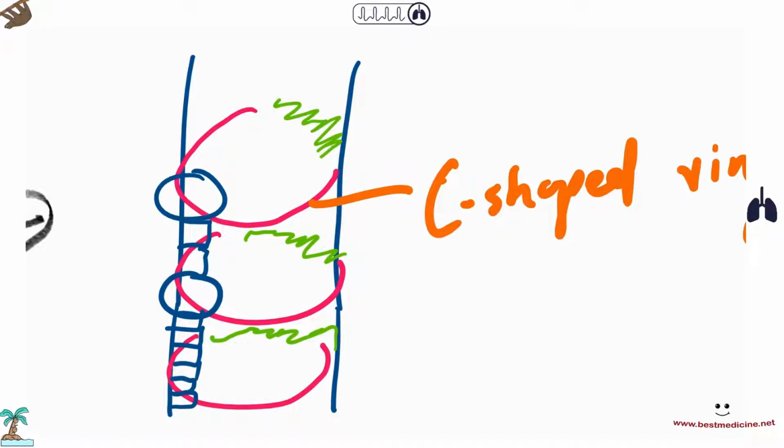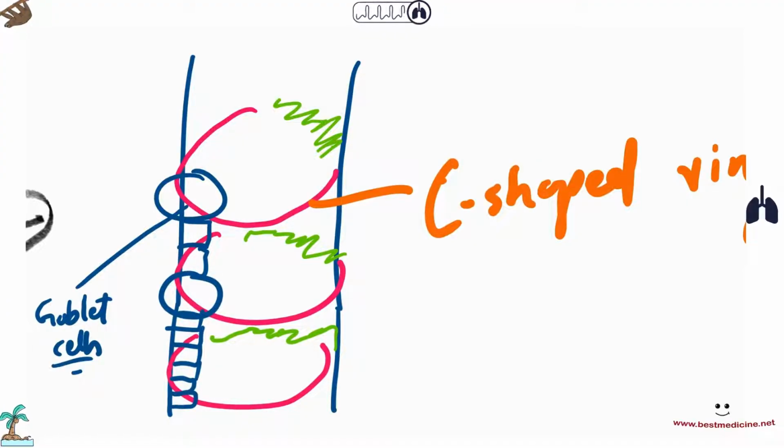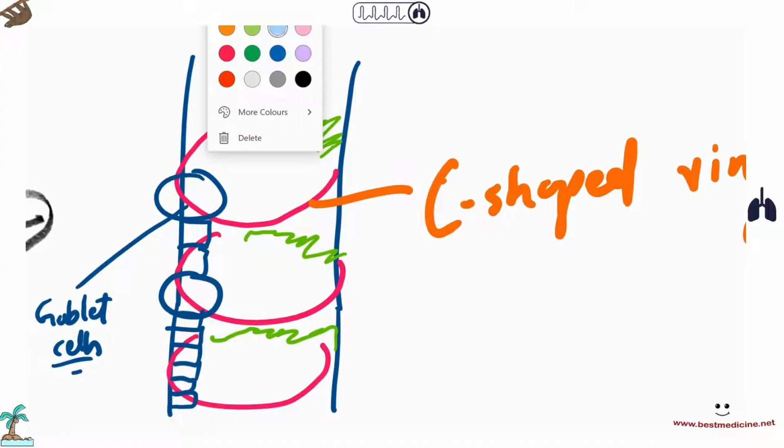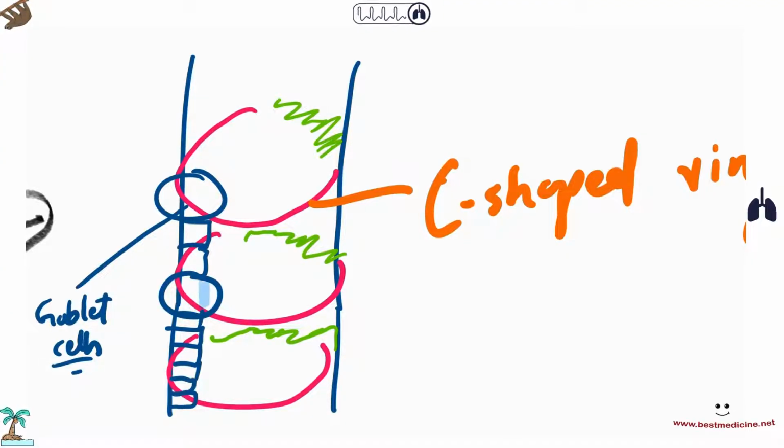Goblet cells' only function is to secrete mucus. And remember, mucus is this watery substance that hydrates the air and traps any dust particles. So that is the mucus being secreted by goblet cells throughout the walls of the trachea. Now you want to remove this mucus as well.